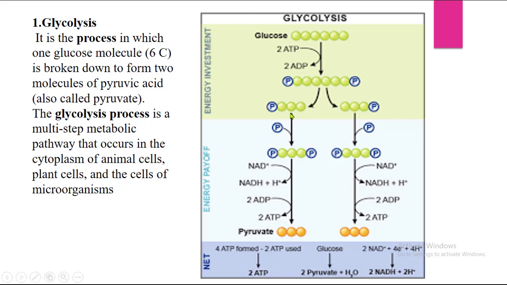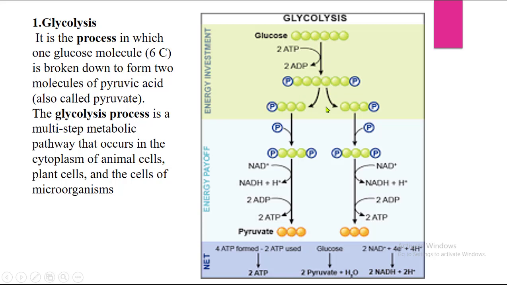This is a 3 carbon containing carbohydrate. We have skipped many steps; there are actually 10 steps, and each step of glycolysis needs a different enzyme. So glycolysis is an enzymatic process because it needs certain enzymes to complete.